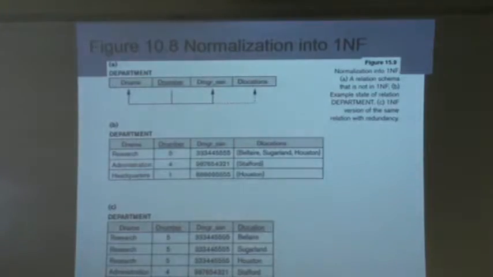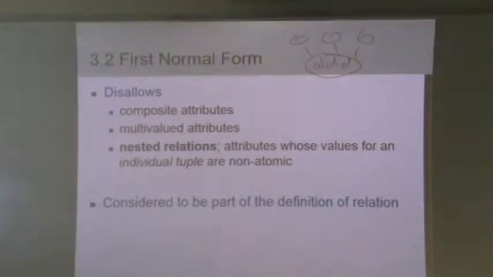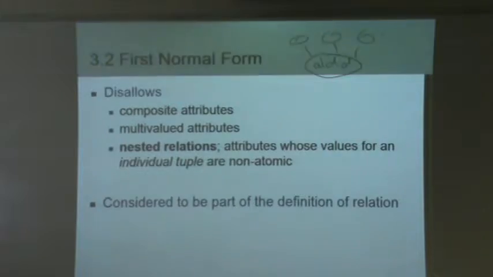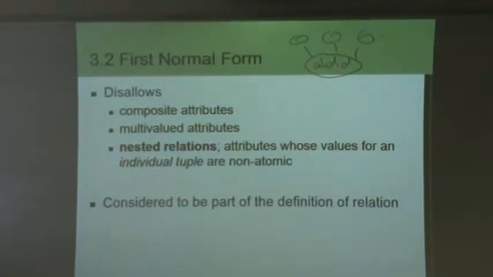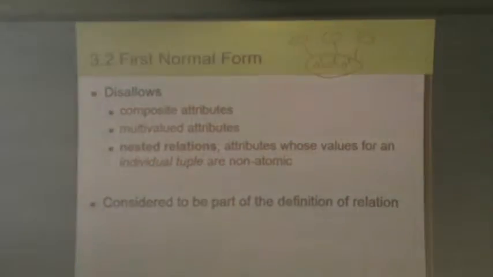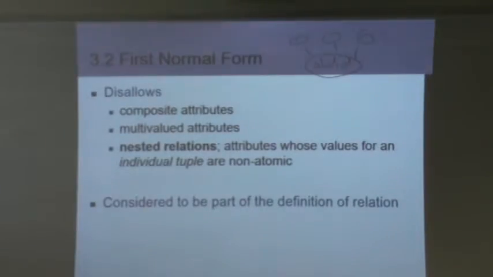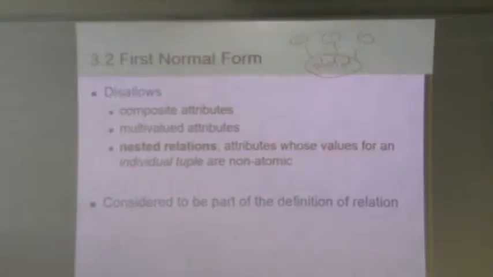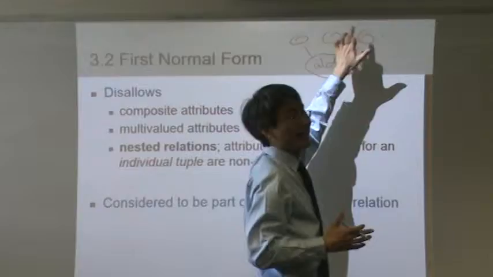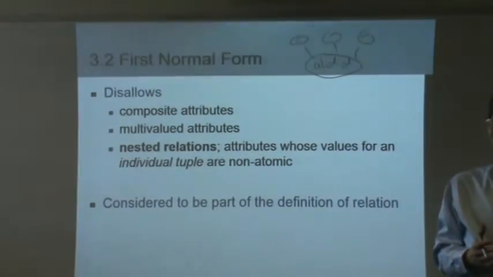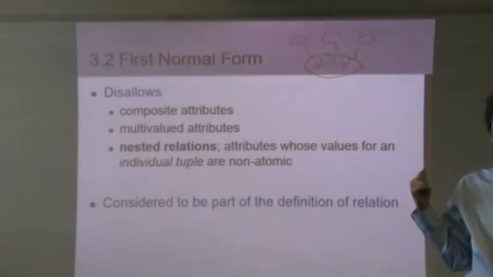Normalization form does not allow it. I will give this one to you. The relational model does not allow such a composite. Do you remember that when we mapped the ER model to the relational model, how did you handle the composite attribute? We can create one attribute, one column, for each part. That's the same. Why?